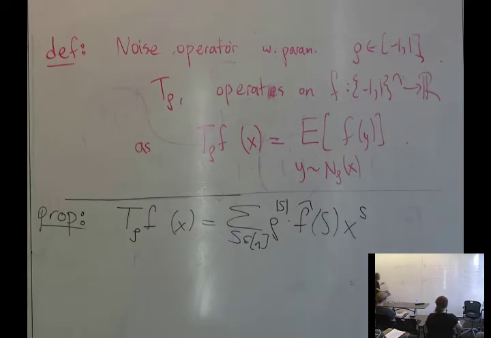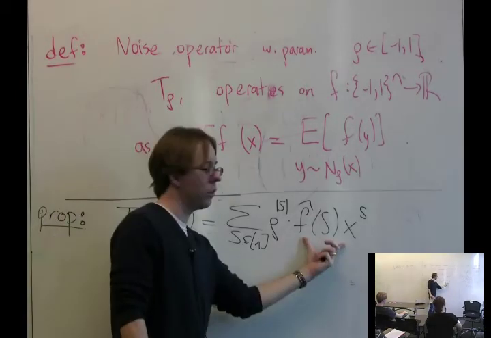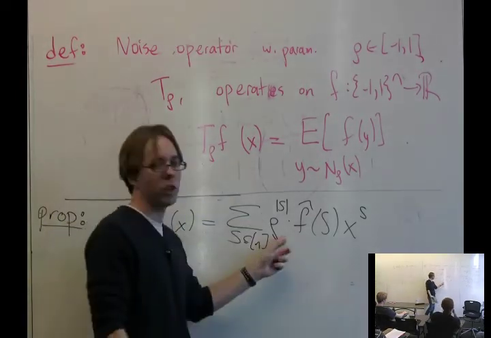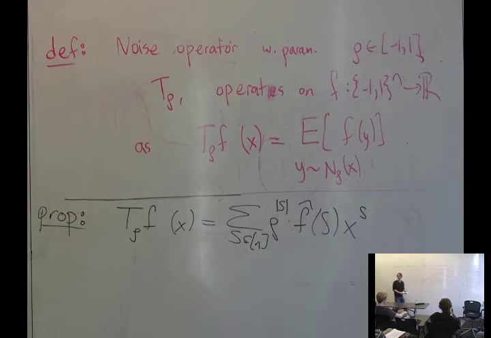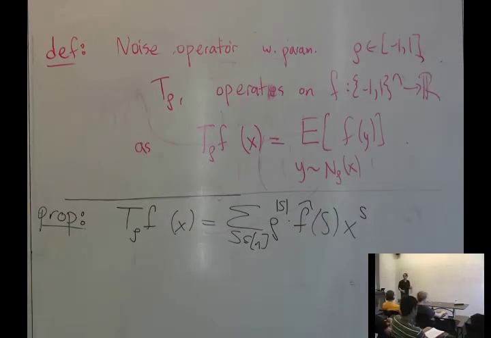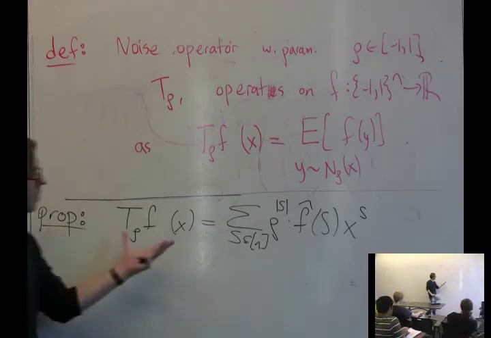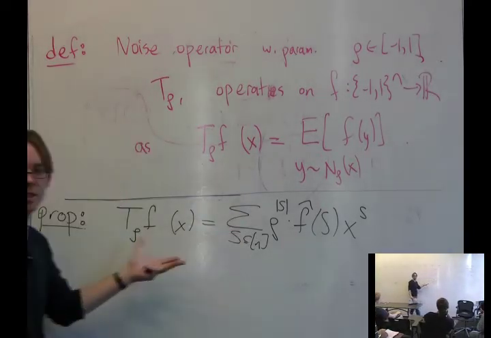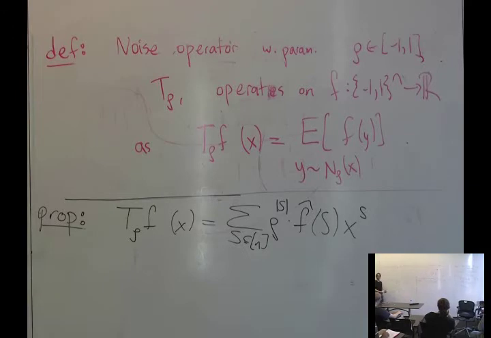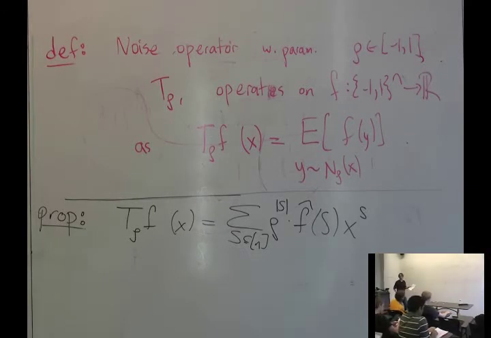So you take the multilinear expansion of f, you take its Fourier expansion, and for each monomial of degree k, you just multiply the coefficient by rho to the k.